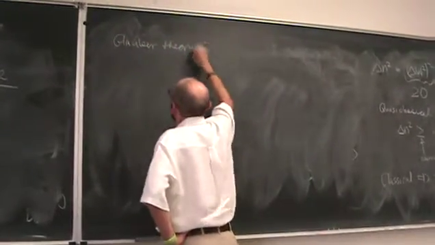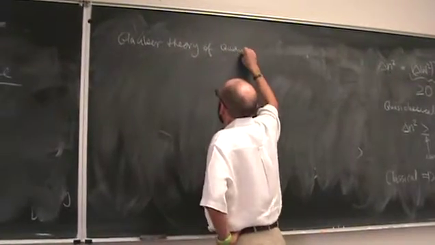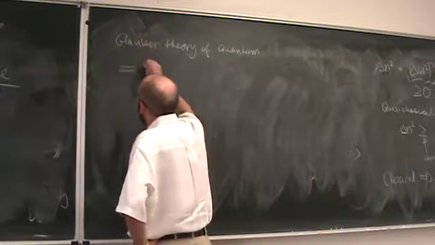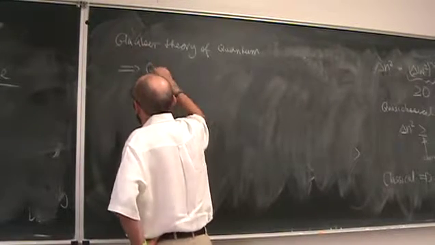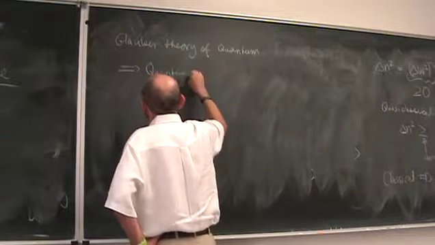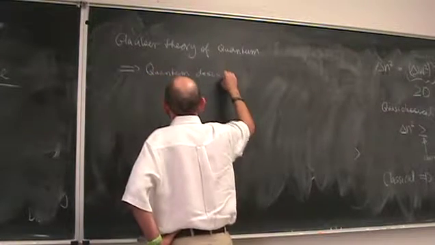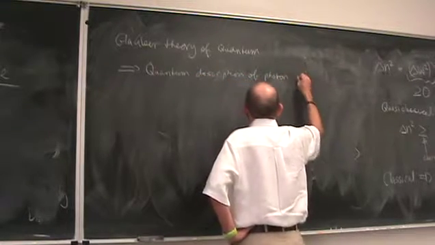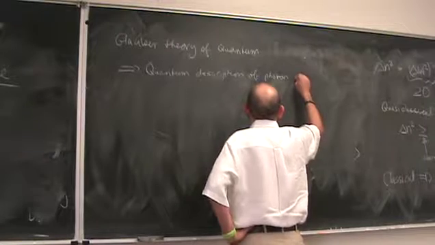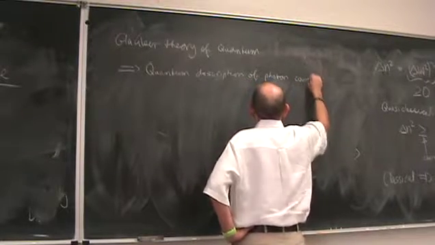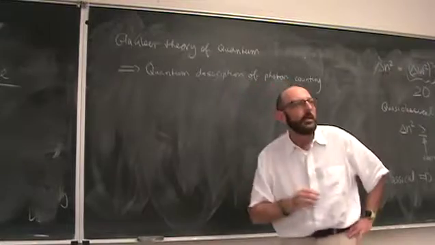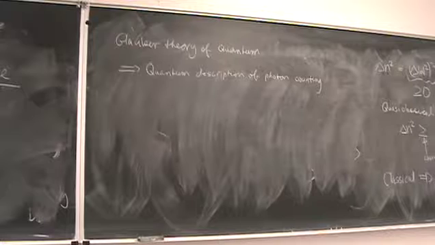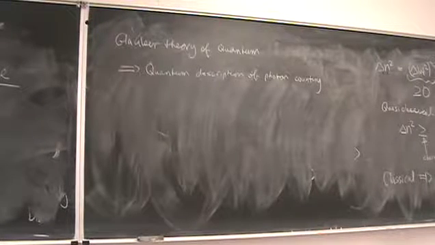I just want to highlight a few points here so that we have a launching point as we go forward. The Glauber theory of quantum coherence had at its heart a quantum description of photon counting. We don't have time to redo the whole lectures again, but let me just remind you of some of the key essence of it.